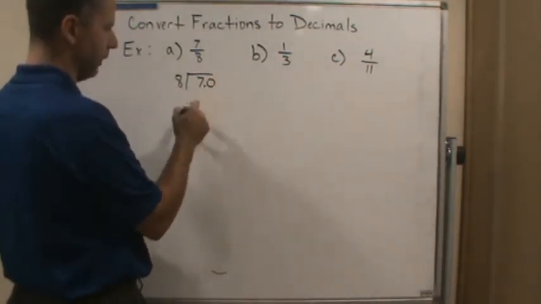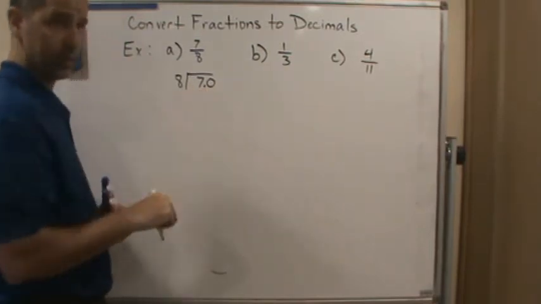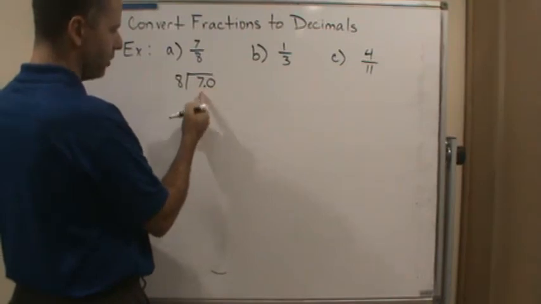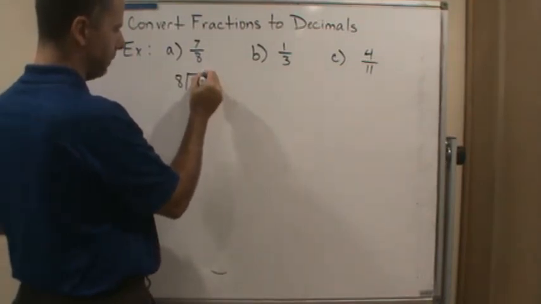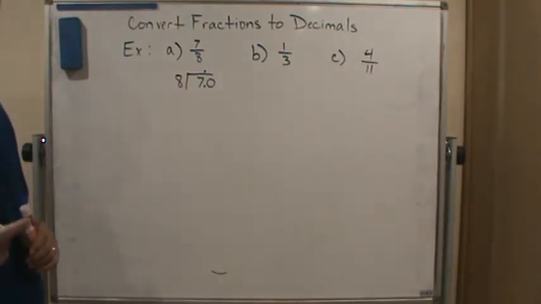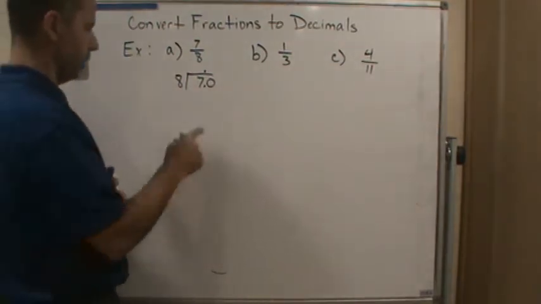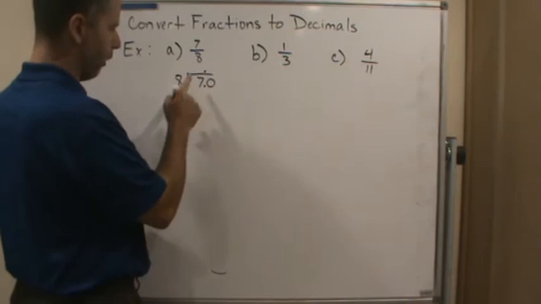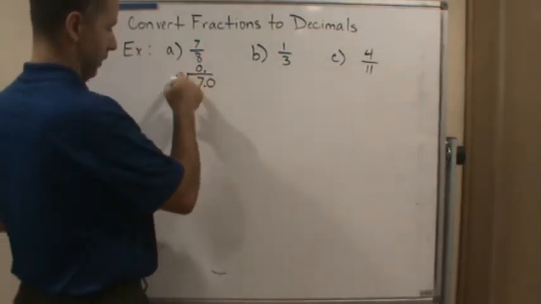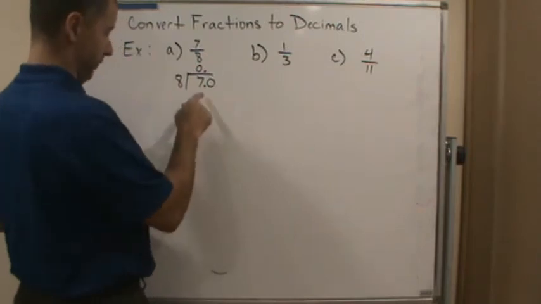So I'm going to put a 0 here, ignore the decimal point, and treat this as 70. Now I'm going to raise the decimal point up here to keep my numbers in the right place value. If you want to put a 0 before the decimal point, that's fine. It doesn't really matter.